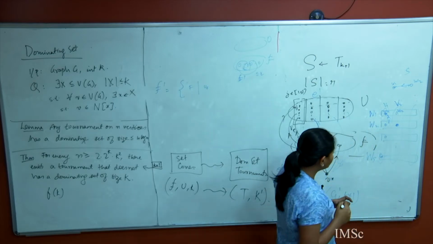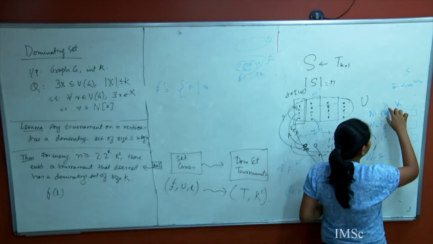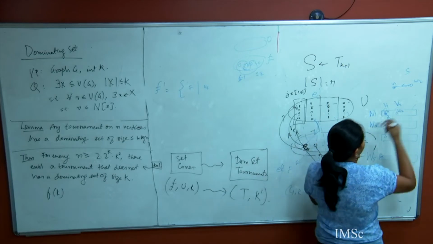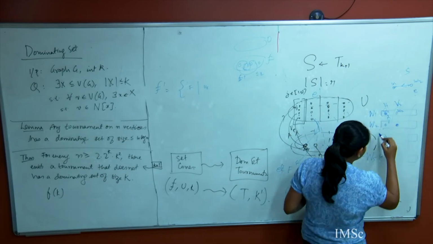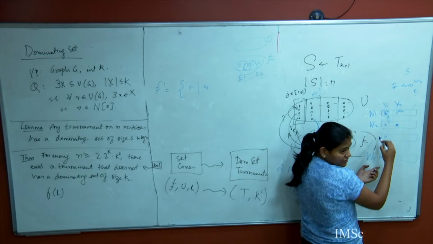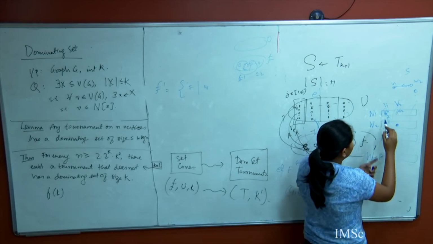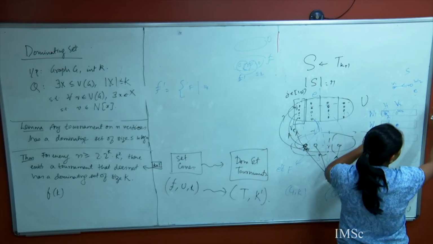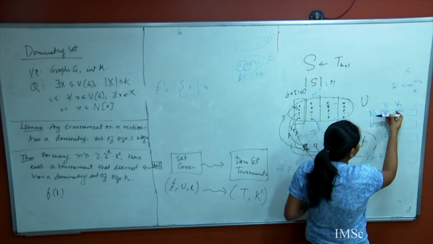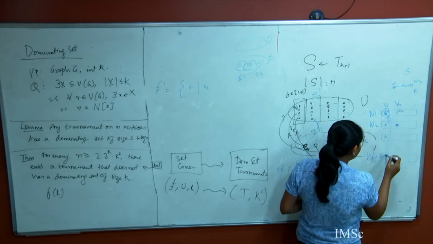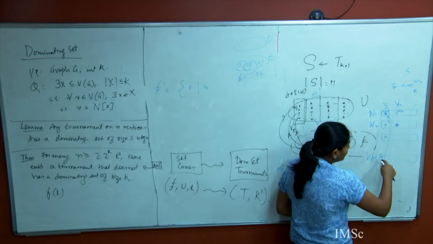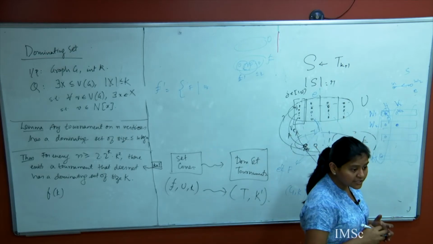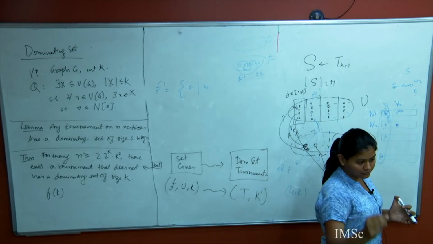What are we doing? For every vertex E in the universe, I created size of S many copies, and this I do for every element in the universe. This oval thing represents the copies of the vertex corresponding to the element of the universe.